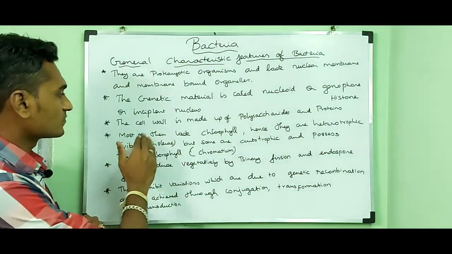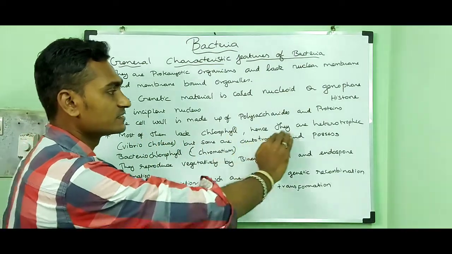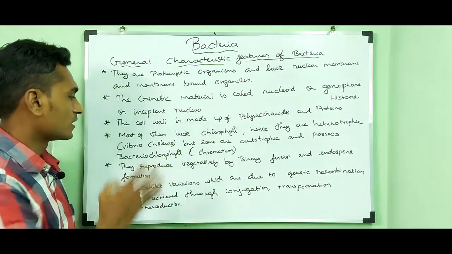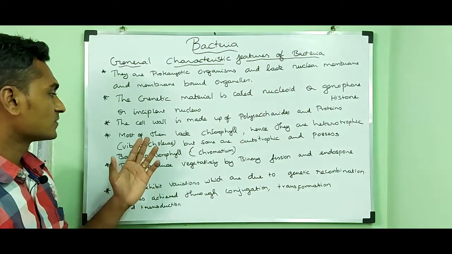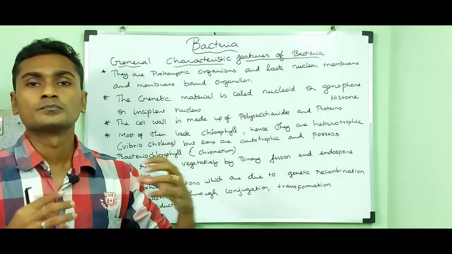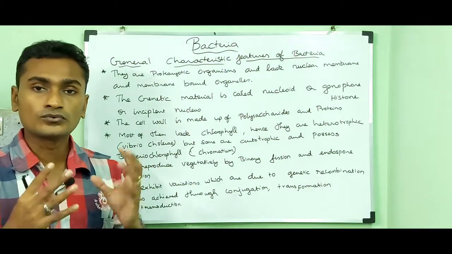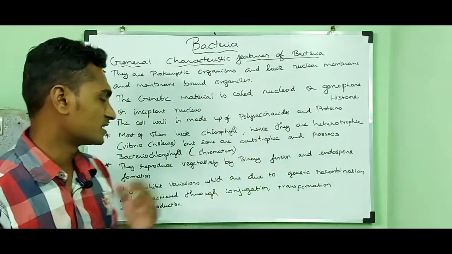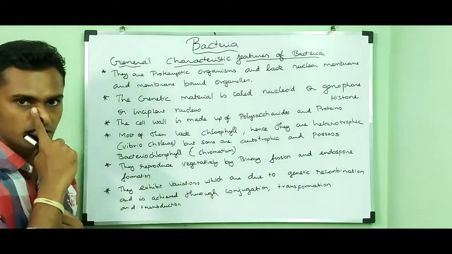Then most of them lack chlorophyll, hence they are heterotrophic in nature. Example, Vibrio cholerae. So most of the bacteria do not have chlorophyll, so they do not prepare their own food because of the absence of chlorophyll. So they are heterotrophic in nature. Example, Vibrio cholerae.